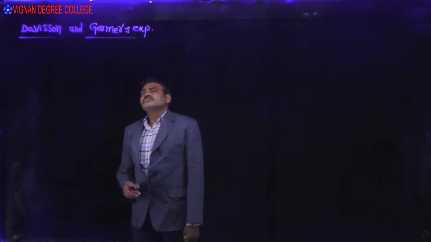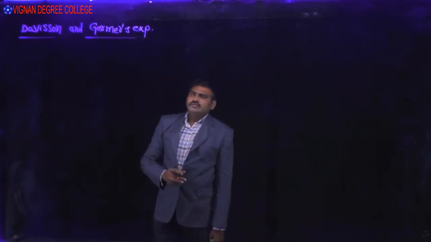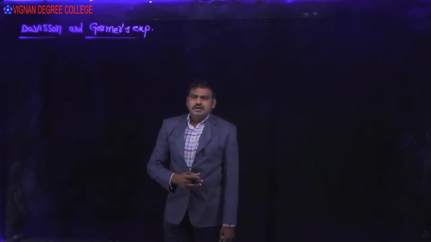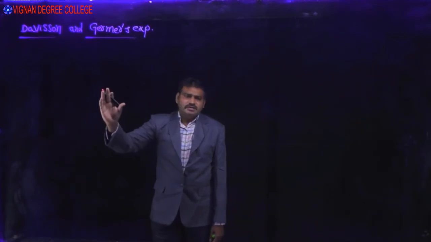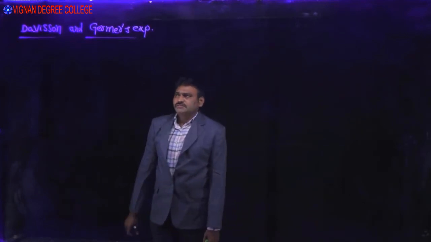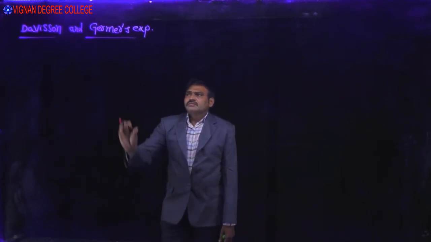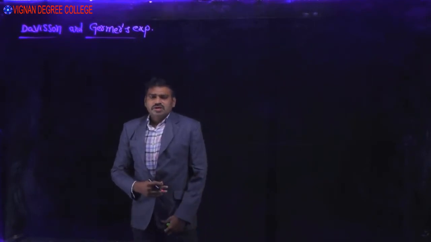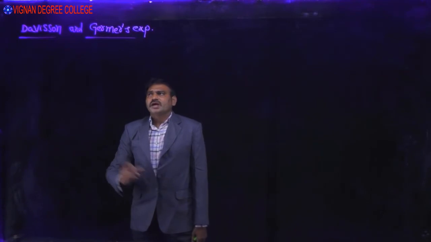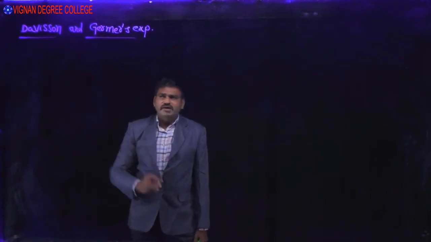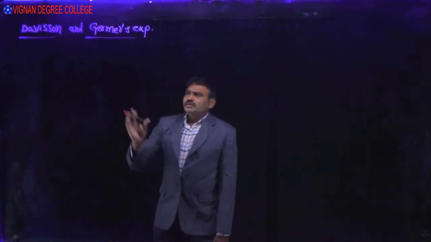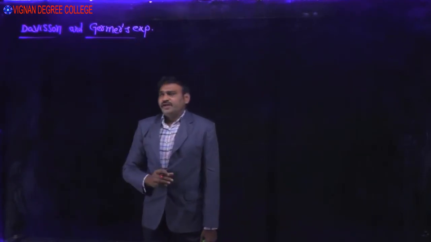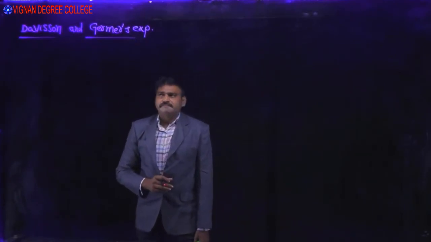Now, when they were doing the experiment on electron diffraction, or the reflection of electrons, the reflection became anomalous. So they suspected that electrons are showing wave nature by forming a diffraction pattern.